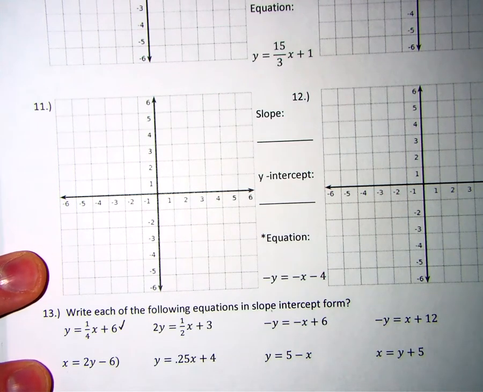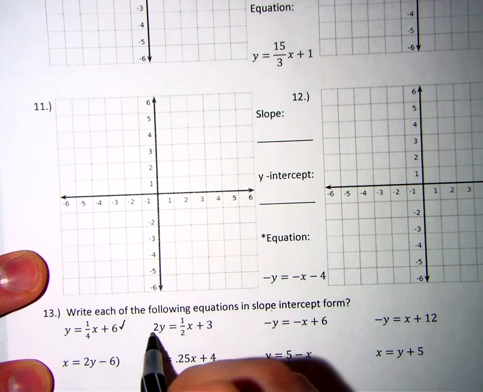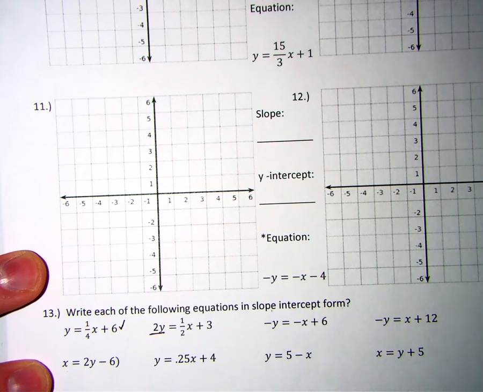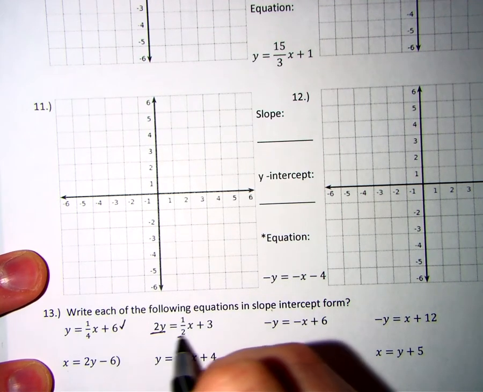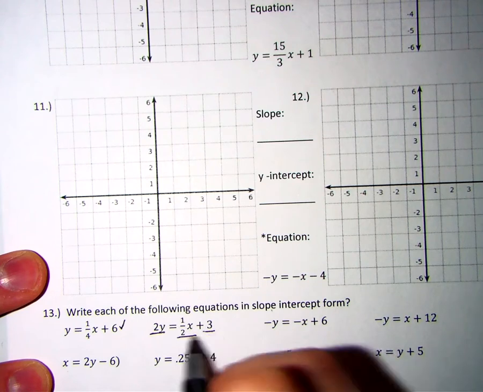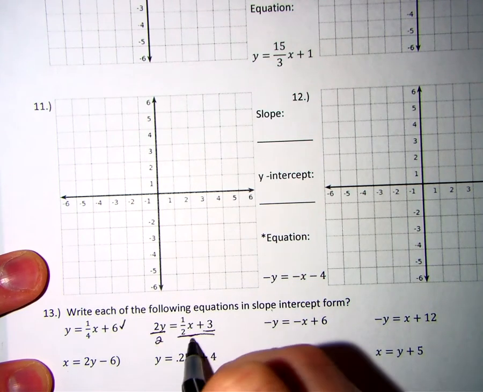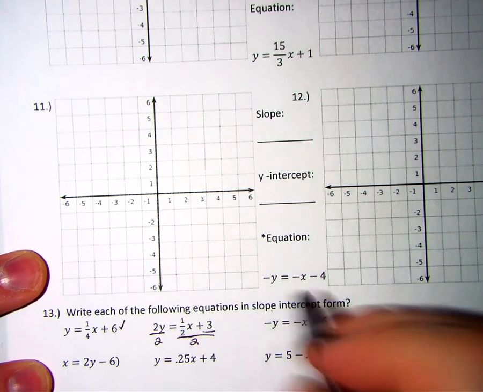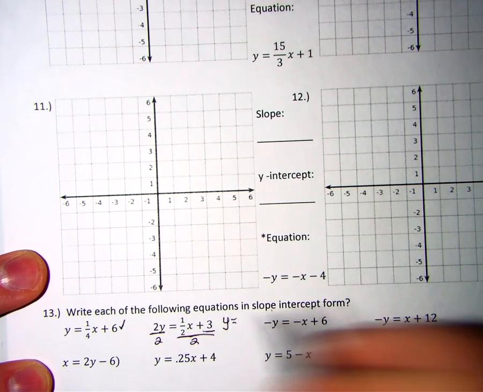2y equals 1/2 x plus 3. Well, in order to get that one into slope-intercept form, we're going to have to divide both sides by 2. So that's going to leave me with y all by itself.